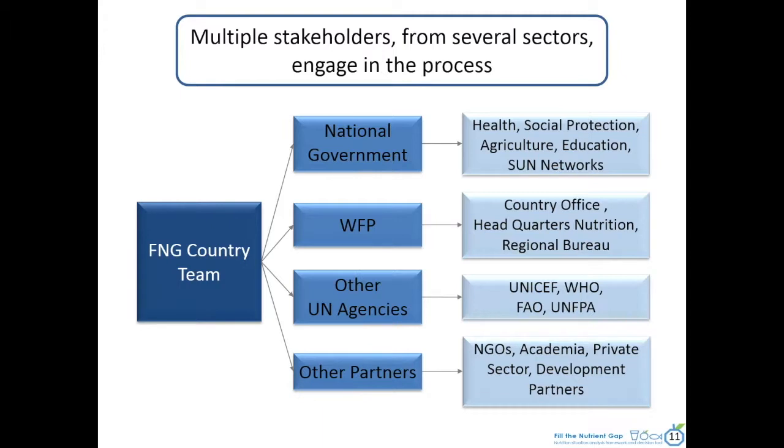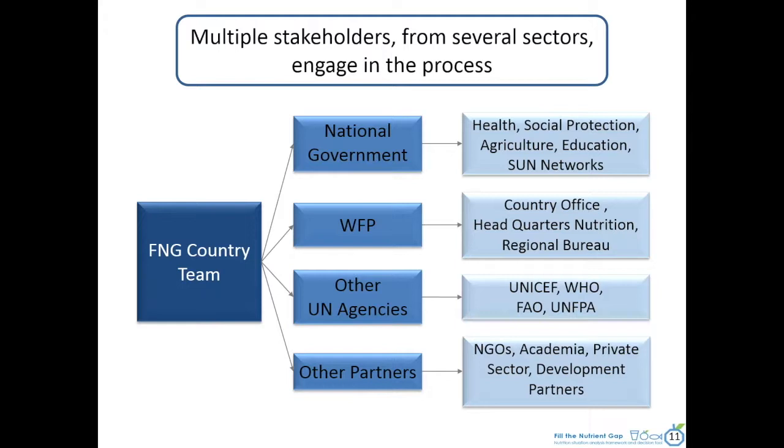And then we identify solutions that could be devised across different sectors and different systems, including the social protection system, health system, and the food system, to improve the affordability of those nutritious diets.